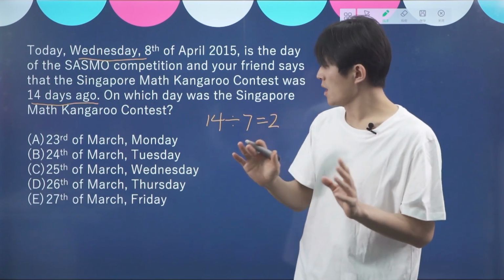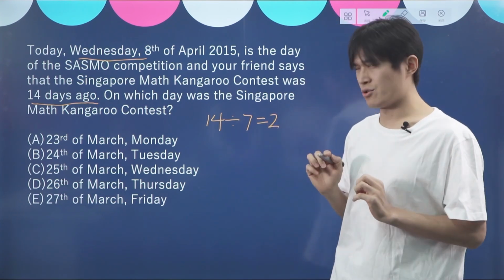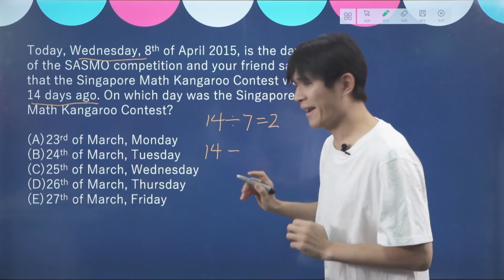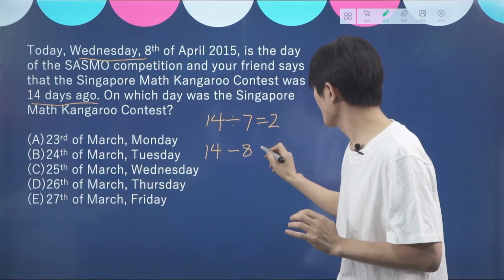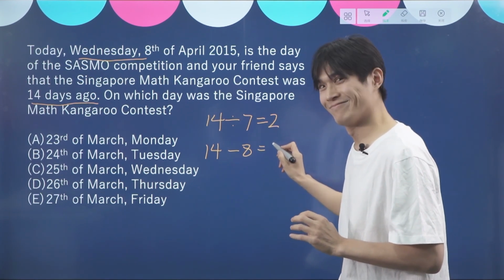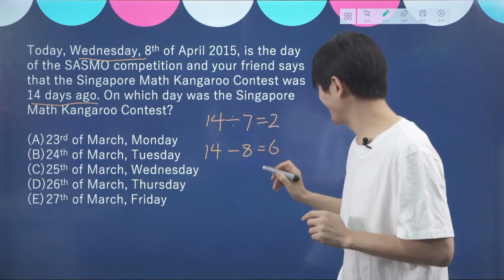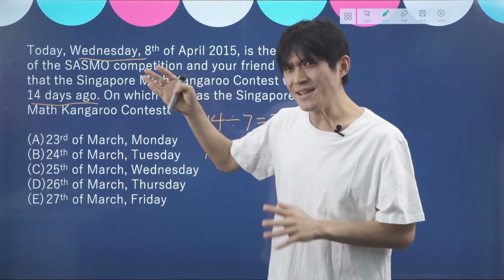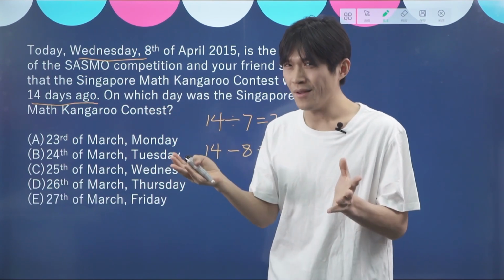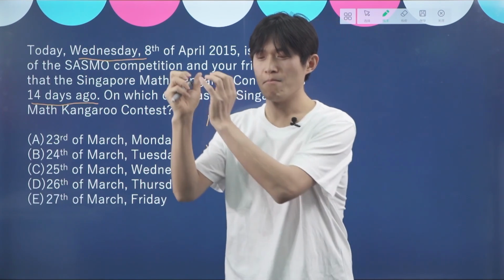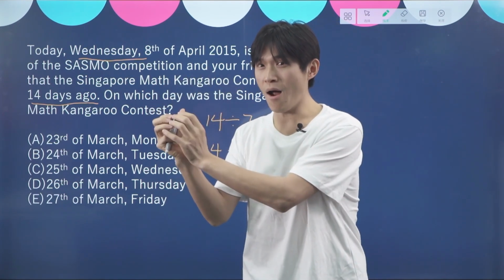First, we need to use subtraction. 14 minus 8 equals 6. Okay, so which means 8 days ago, it will be the end of March, because after March, there will be April.